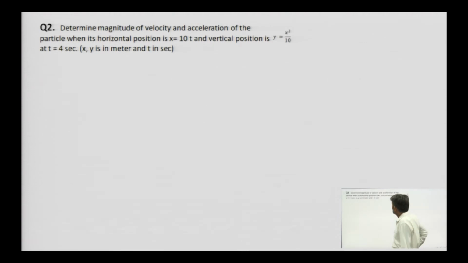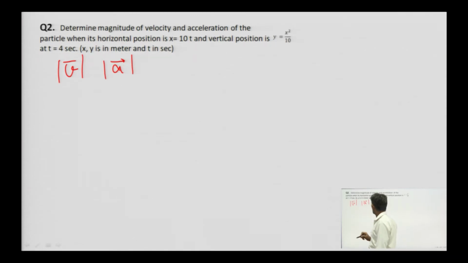Here, what is given to us? Determine the magnitude of velocity and acceleration of the particle when its horizontal position is x equal to 10t.